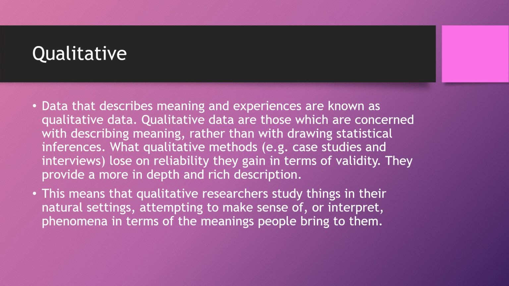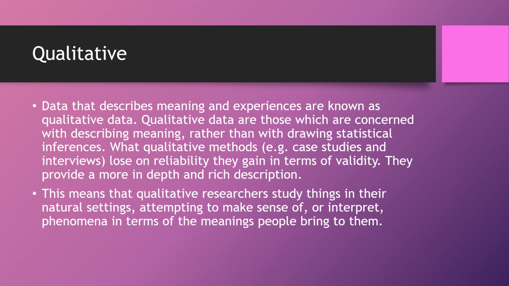So qualitative data describes meanings, it describes experiences, why people feel the way they do, what people's feelings are, and it is expressed usually in an extended written kind of response to a questionnaire with open questions, or semi-structured and unstructured interviews. You also gather qualitative data in things like case studies.